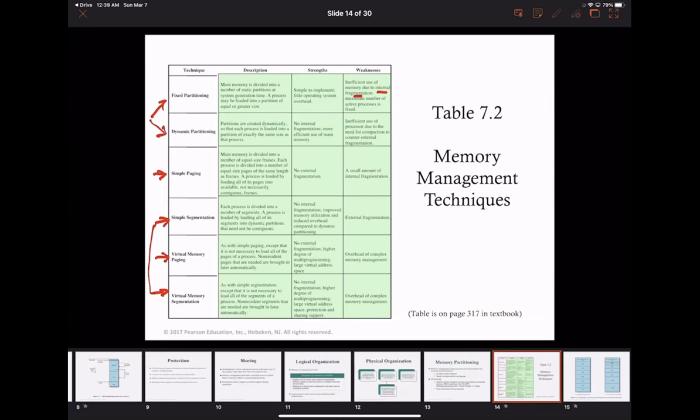On the other hand, dynamic partitioning allows the creation of partitions in a dynamic way so that each process is loaded into a partition of exactly the same size as that process. One of the strengths of dynamic partitioning is that there is no internal fragmentation within the partition, which means it will have more efficient use of the main memory.